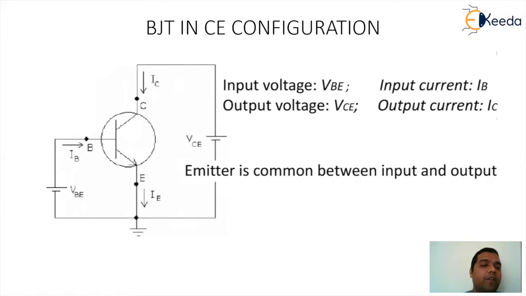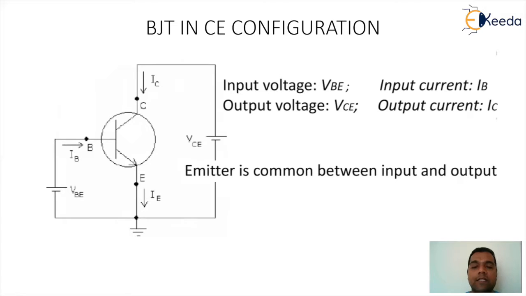Since base is the input terminal, IB will be my input current. The voltage between base and emitter, which is VBE, will work like the input voltage. The output current is collector current, defined as IC, and the output voltage is the voltage between the collector and the emitter, defined as VCE.